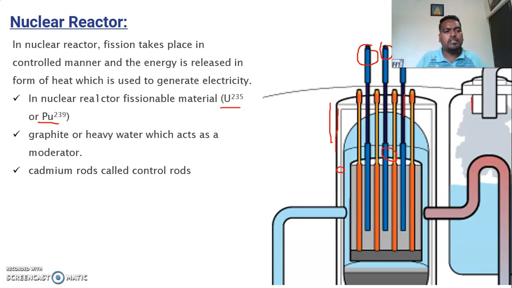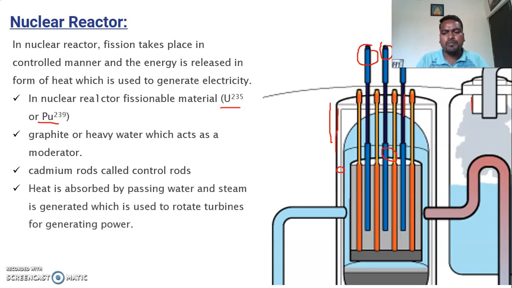Whenever they want to control the nuclear reaction, at that moment they insert the rods between the uranium foil. At that moment they absorb the neutrons. So instead of colliding with the uranium, the neutrons are absorbed by these cadmium rods. At that moment the rate of the reaction is reduced. So that's why the cadmium rods are called control rods.